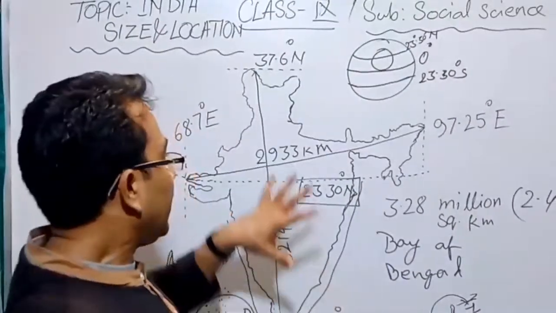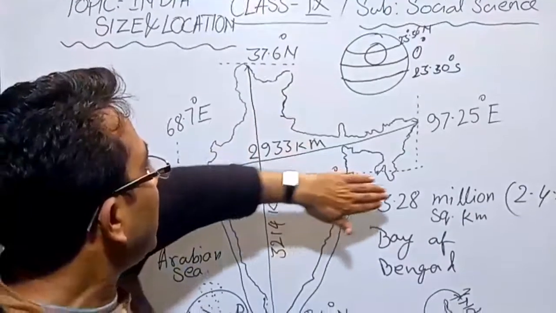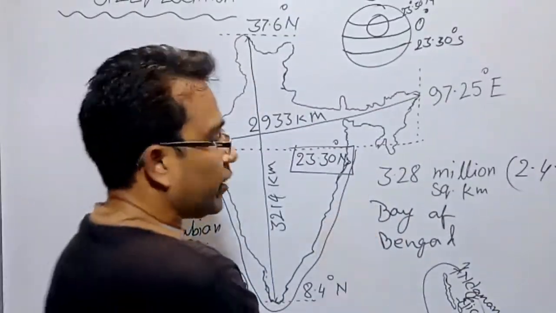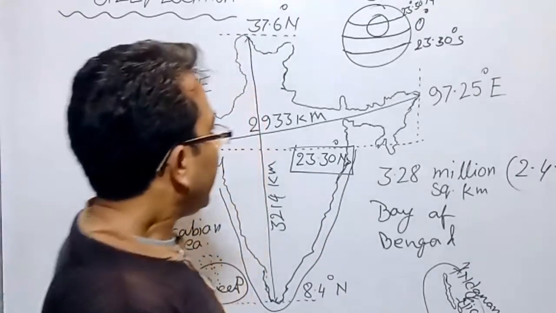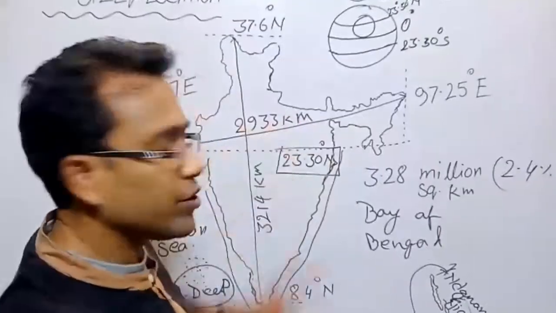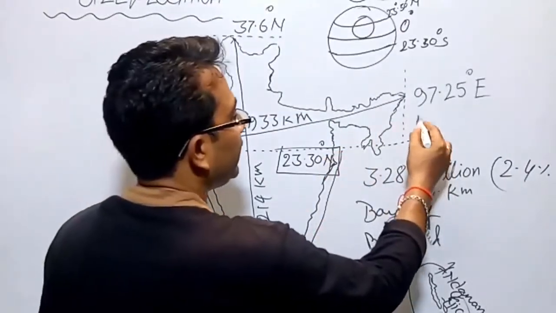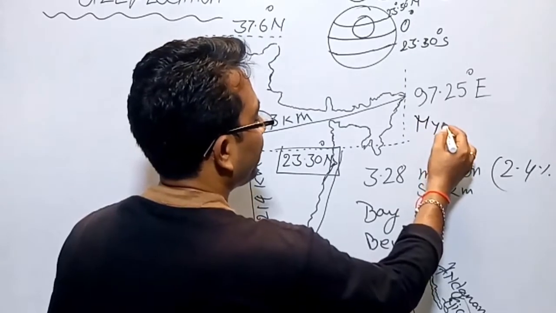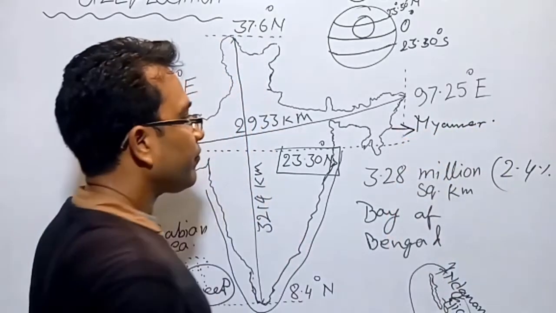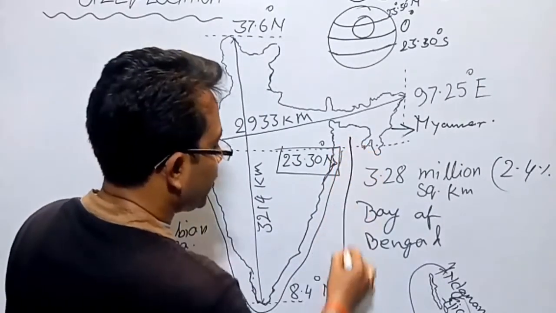Now this country is land bounded on the northern side and water bounded on the southern side. In the land areas, we have our neighbors. On the easternmost side here we have Myanmar. Here it is Bangladesh.